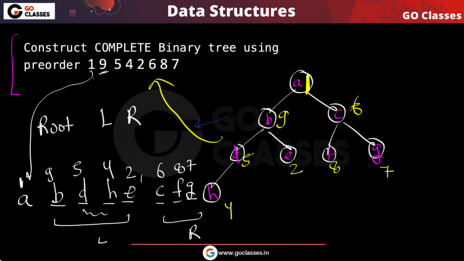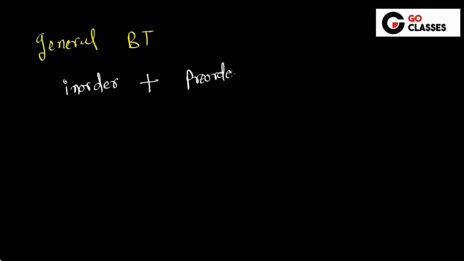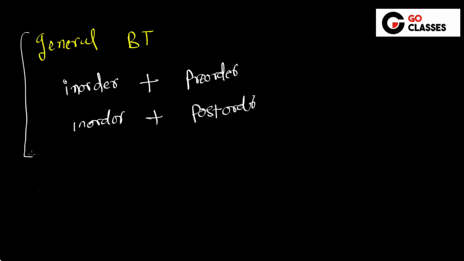So just to summarize everything, I will say that if it is a general binary tree, then you need in order is must, right? In order is must, and then you need either preorder, right? Or if in order is given, then you may also need postorder, right? If it is a general binary tree, for the uniqueness, I'm writing for the uniqueness, right?